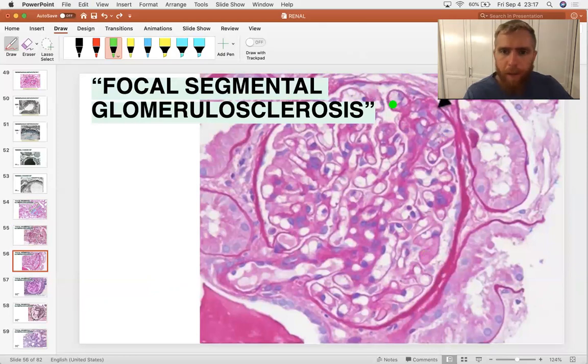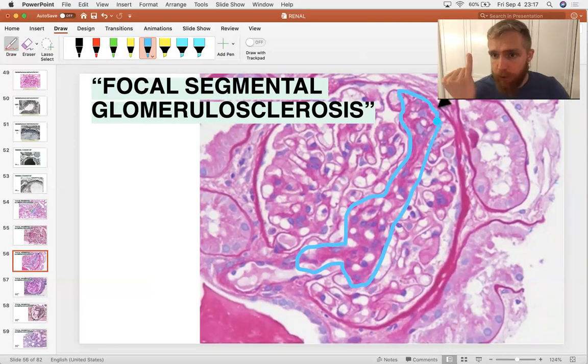Here's another good example. In blue here, you can see a very clear strip of densely eosinophilic sclerosis. And it's eosinophilic because there's just a lot of proteins in all these injured cells, and cells upregulate proteins when they're hurt. They're trying to make and repair.